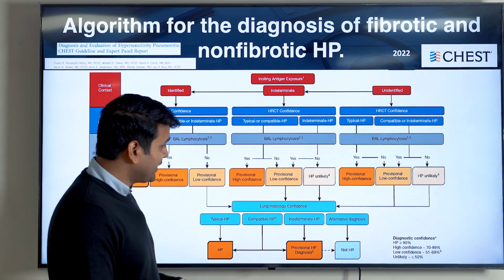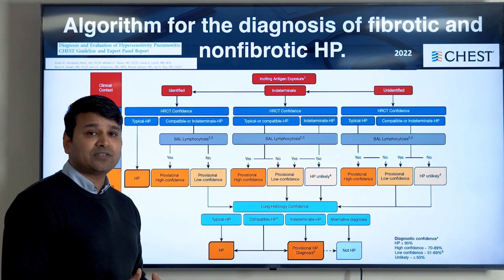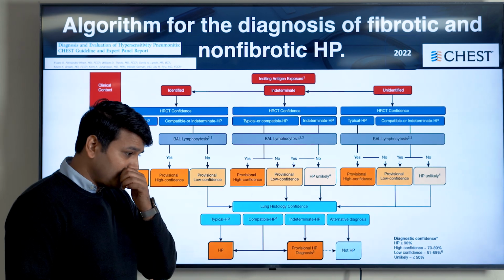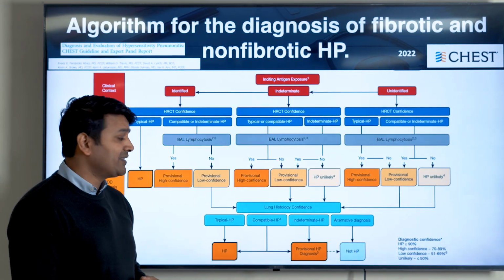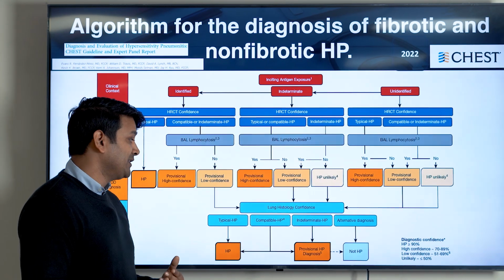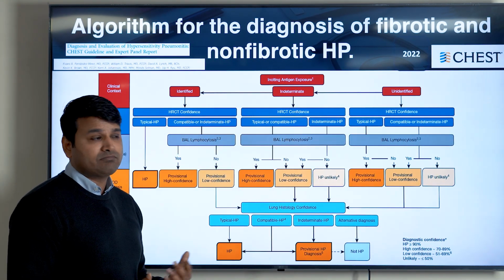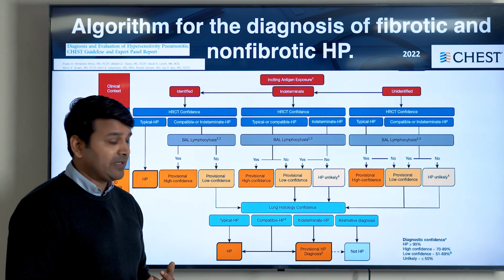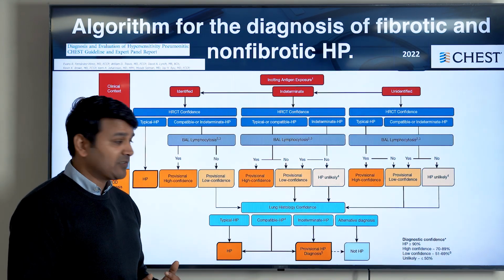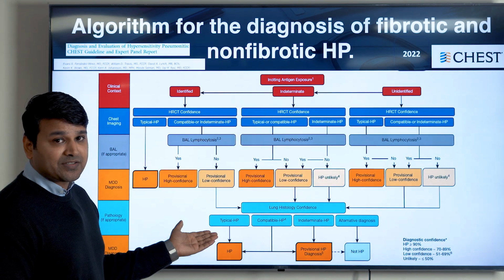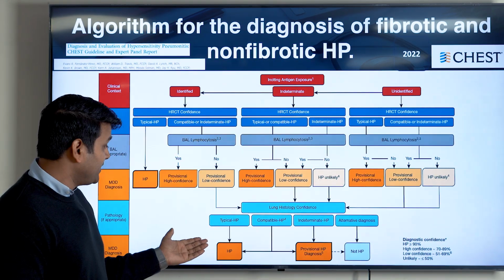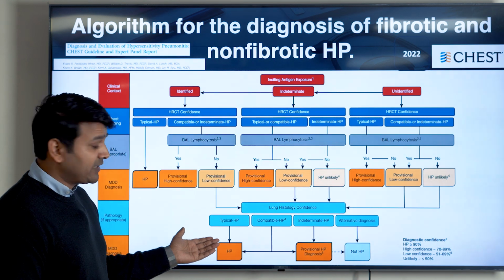So whenever in the MDD discussions the confidence level is low for HP, in those scenarios we'll go for biopsy or transbronchial lung cryobiopsies to get the histopathology of the lungs. Now, on the pathology, we'll be discussing again. I will have the meeting again with the pathologist on the board as well.